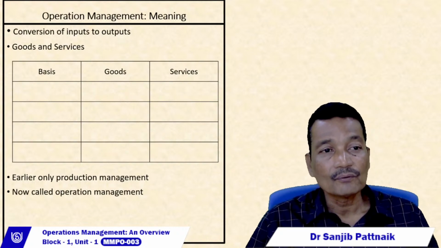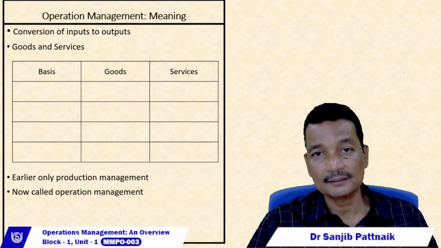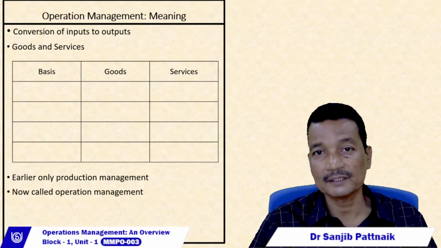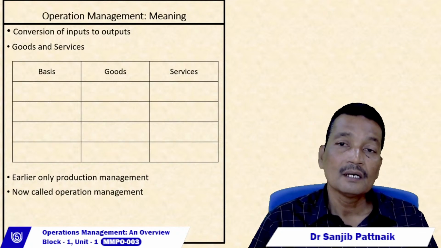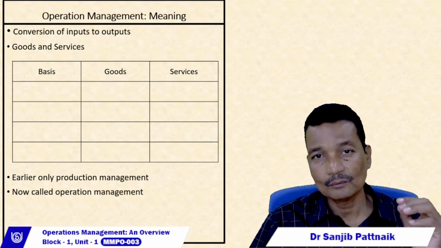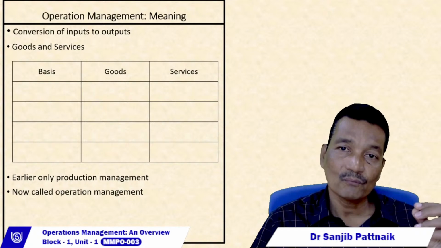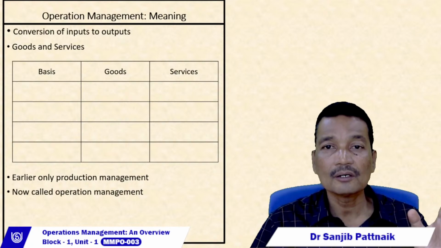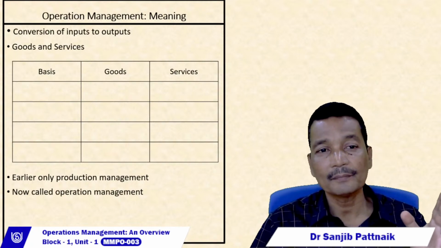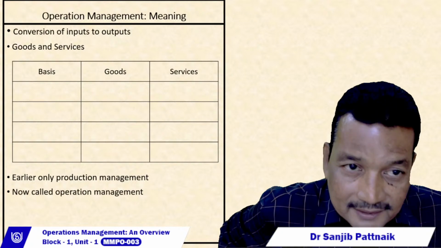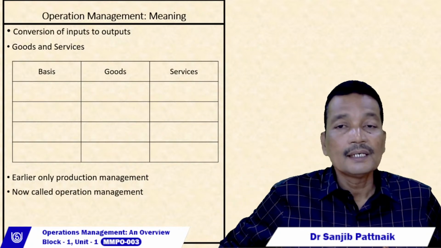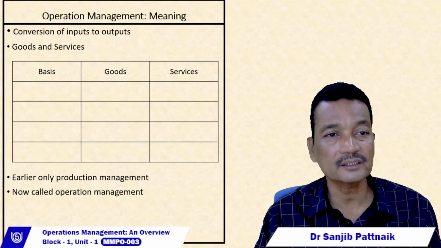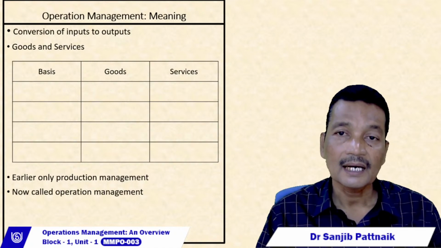Now we are talking of goods and services. Everyone knows what a good or a service is, because on a day to day basis, every moment we are facing or using or looking at various goods or services. Now, if we want to differentiate between goods and services, how can we do that?